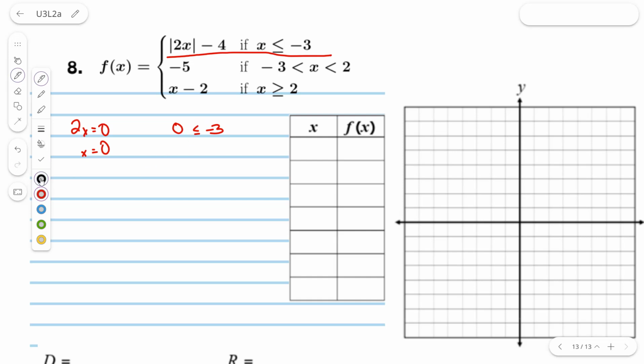And that is false. So that means that I don't need that information. So I just get to start with -3 and choose a couple of points to the left. So -4, -5.